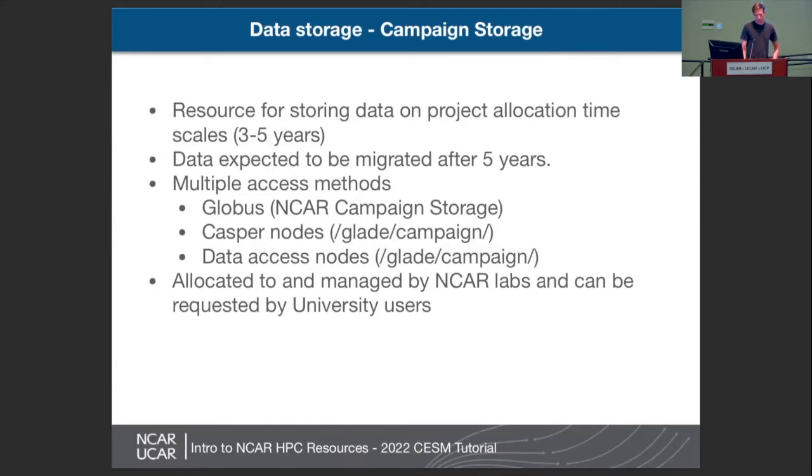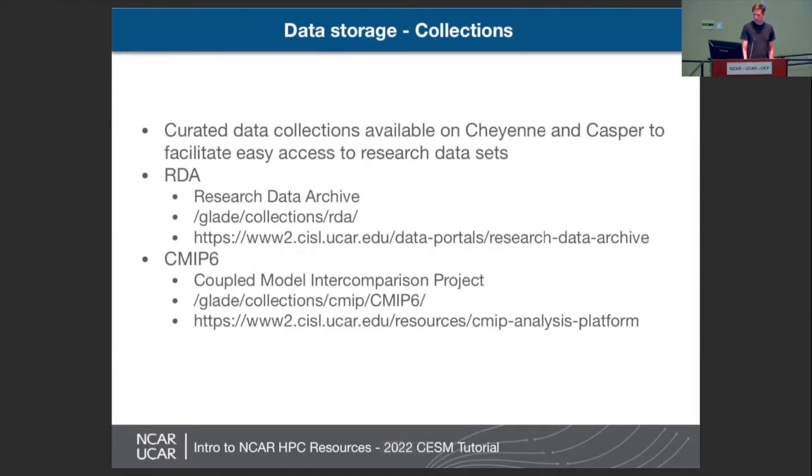You'll get that by request for a specific project. It's longer term storage for like 3 to 5 years. And then after 5 years, there will be pressure on you to delete it. It won't be automatically deleted, but it will very much need to be gone. So again, that's not going to be important this week, but if you're doing other computing here at NCAR, you may end up using a campaign storage space for longer term storage.